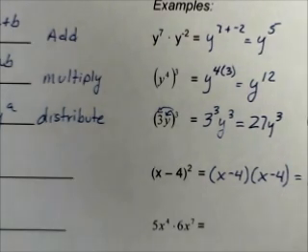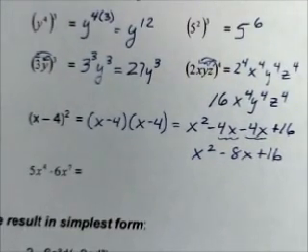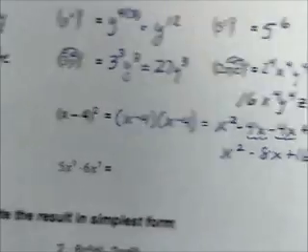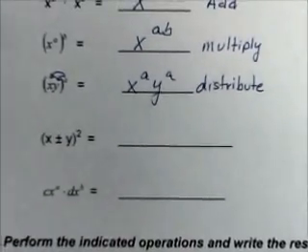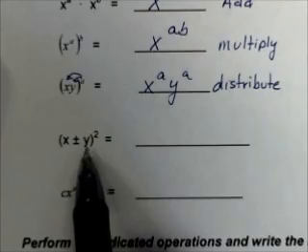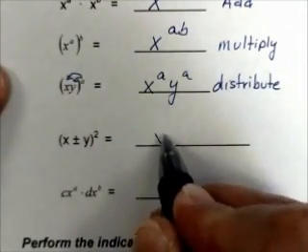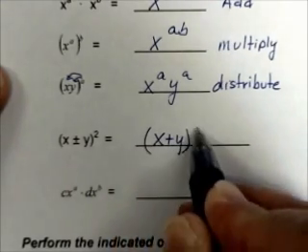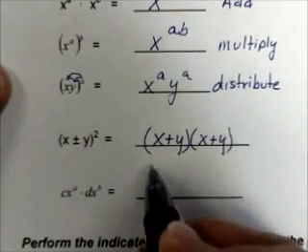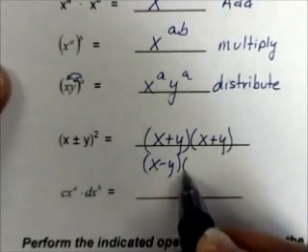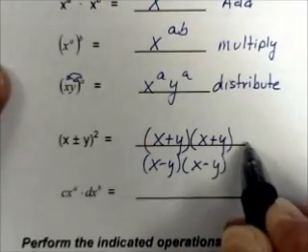And the last, negative 4 times negative 4 is positive 16. Combining the like terms here, x squared minus 8x plus 16. So in general, if you have x plus y squared or x minus y squared, x plus y times x plus y, or x minus y times x minus y, and then FOIL.